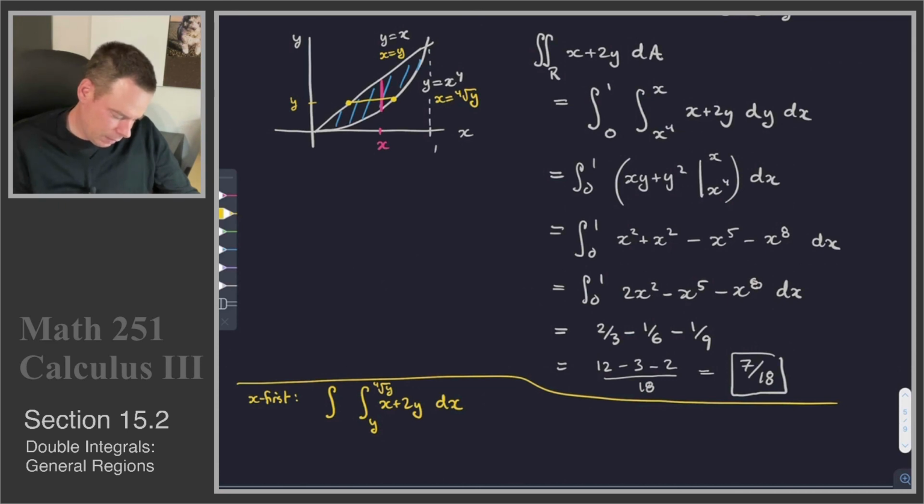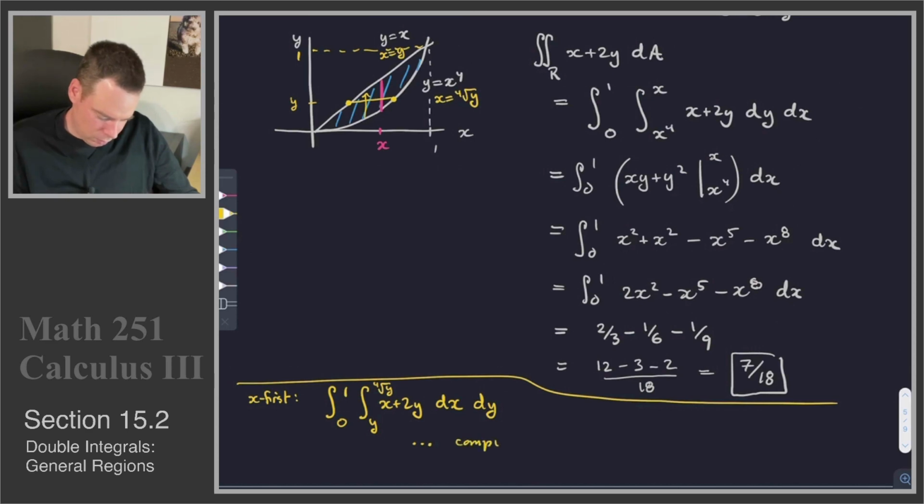And then we want that line segment to sweep out the region. It's got to go up, up, up, and it's got to start from down at the bottom and sweep all the way up. So that means we are integrating over the y values from 0 to whatever the y value is of that intersection point, and that's going to be 1 as well. So that would be our x first integral.